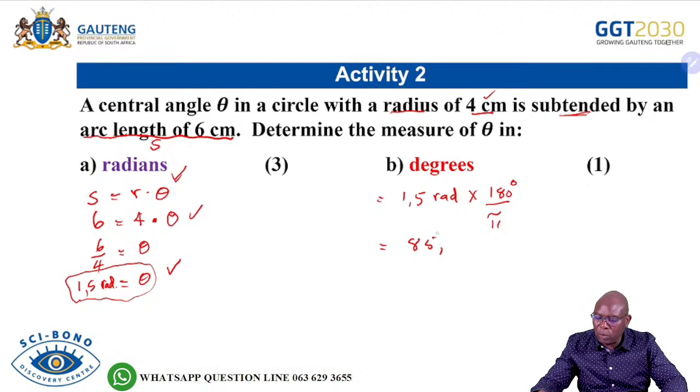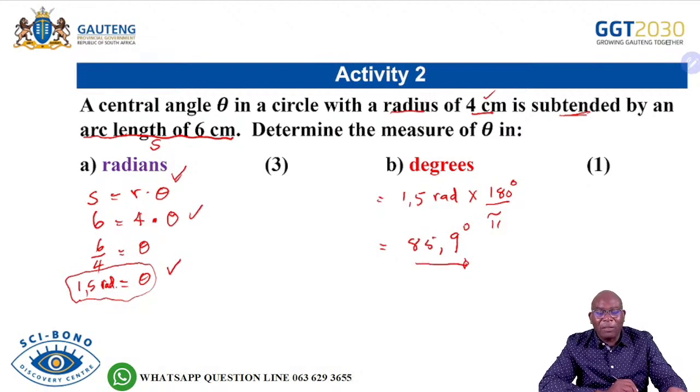So that will be 1,5 multiplied by 180 degrees, and then divide this by pi. So the answer will be 85.9 degrees. Now it's in degrees.